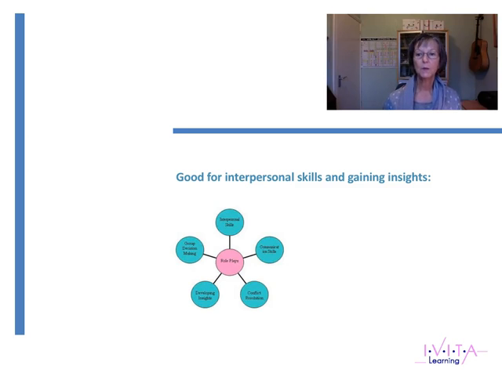So role play is most often used, I suppose, to develop interpersonal skills such as communication, decision-making, conflict resolution, that type of thing. And when used in that way, it can lead to great insights quite often. It's also used, of course, in first aid courses for learners to demonstrate their skills in a simulated situation.